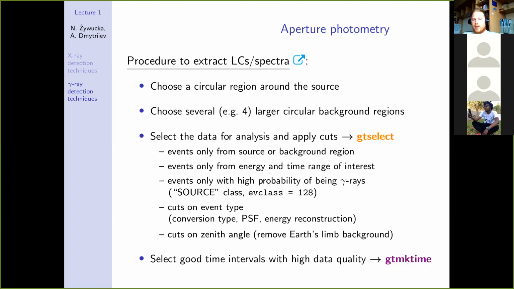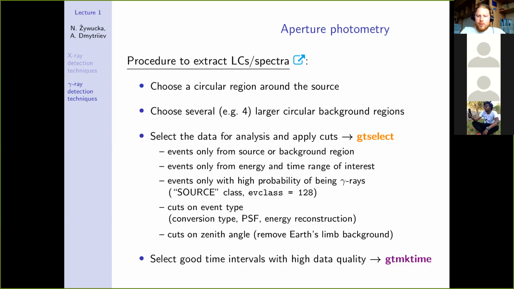Typically you don't have to think too much about that because there is a standard value which is selected, and if you want to do more sophisticated analysis, then you can start digging into that. But for simple applications, you just specify one standard value and you don't really care more.